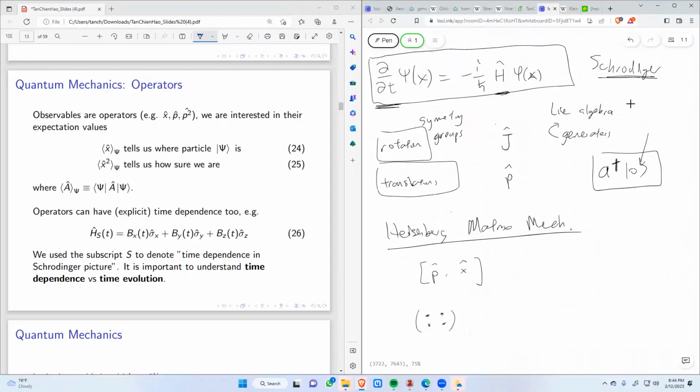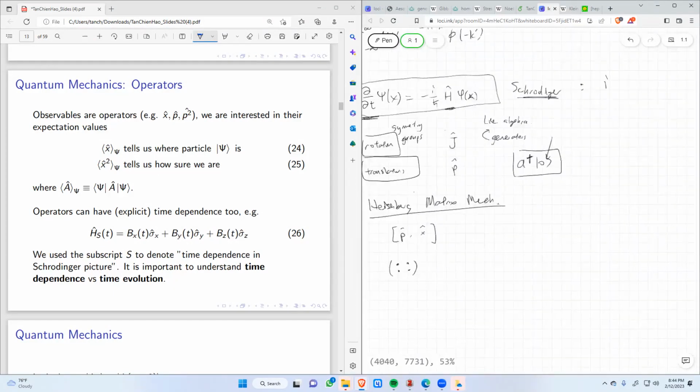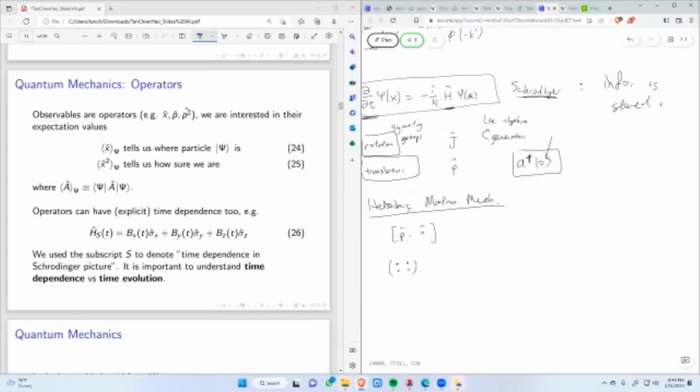Basically, the Schrodinger picture told us that quantum information is stored in the states, whereas Heisenberg's picture told us the quantum information is stored in the operators. And it's called matrix mechanics because operators, in some basis, can be represented as matrices, even if they might be infinite dimensional matrices.